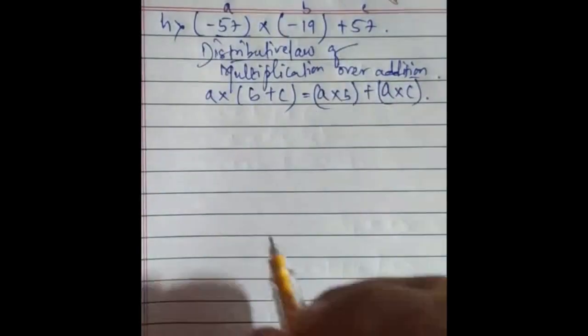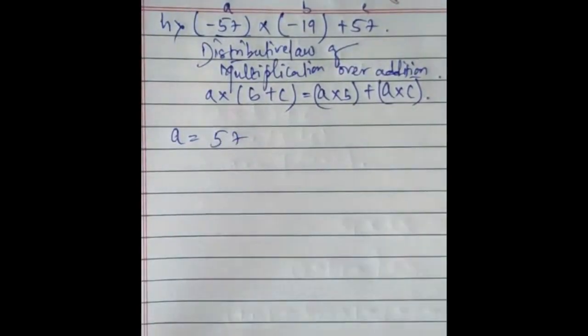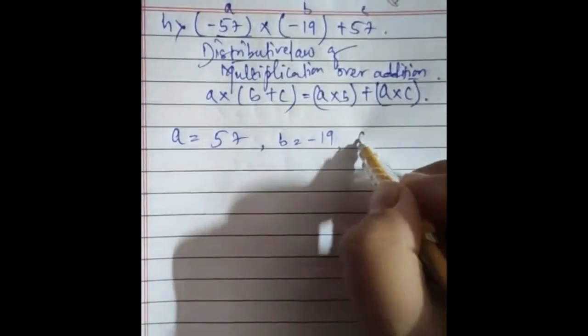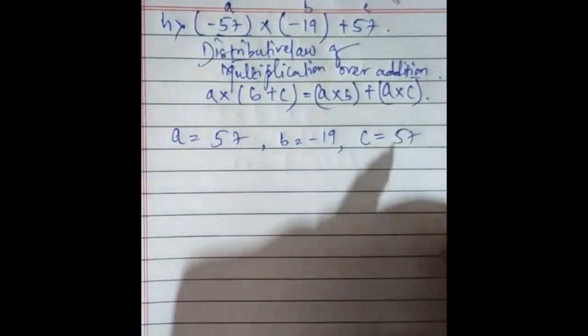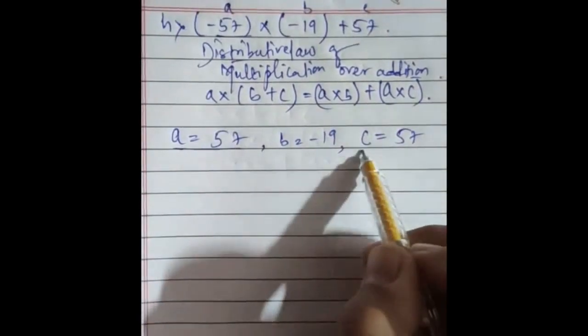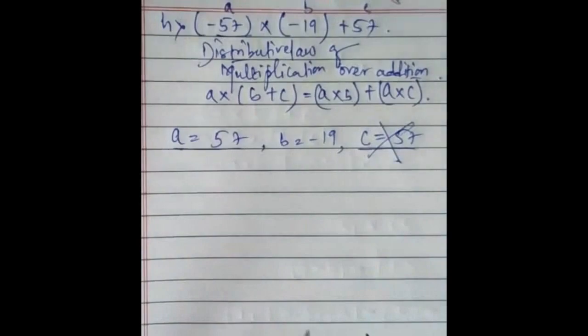We can do that, but see one thing here. If you consider a as 57 and b as minus 19, c, according to this, should be 57. But how is it possible that if a is 57, we can write c as 57? It is not possible, right?